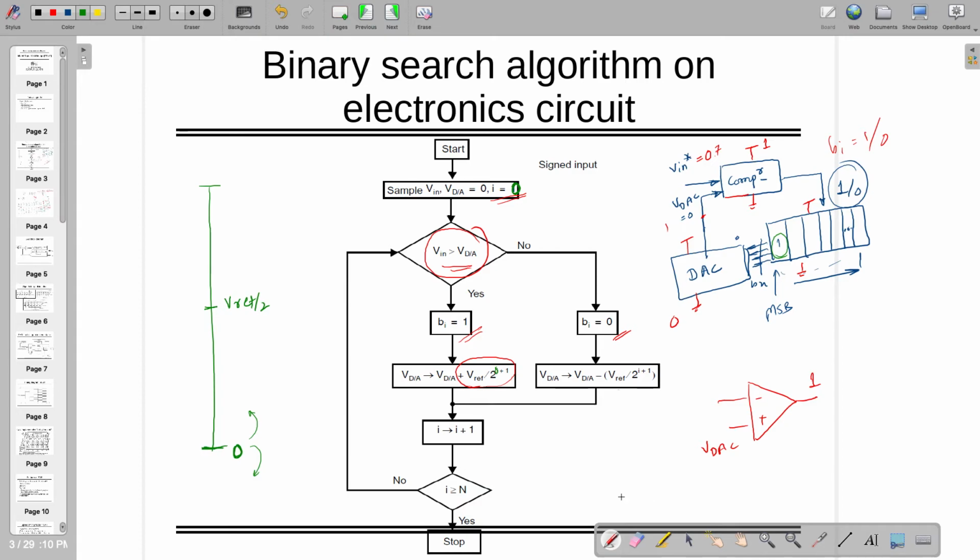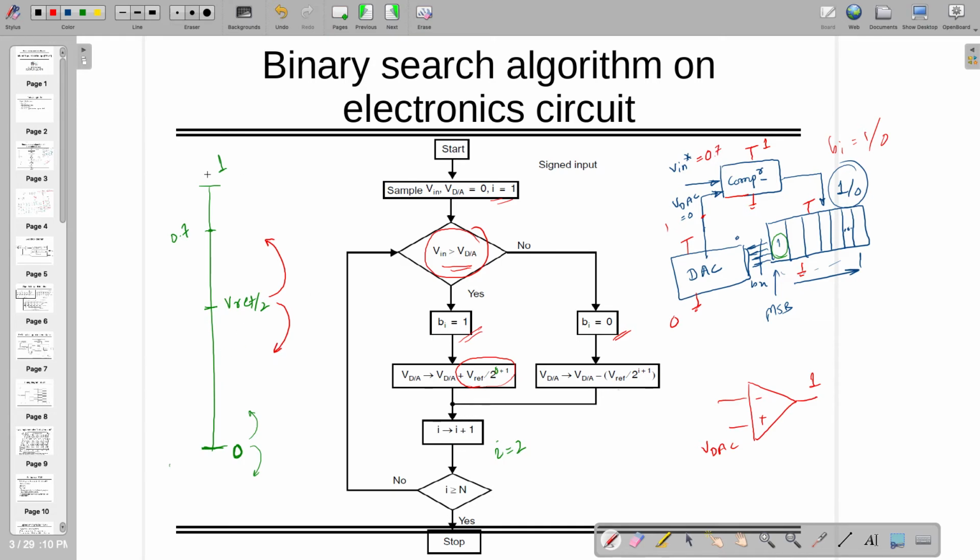So let's assume that your input is 0.7 and Vref is 1. So 0.7 is somewhere here. So after the first, this becomes the second iteration. By the way, now I has been increased to 2. When it goes here, at that time you are checking with Vref by 2 whether you are up or down.